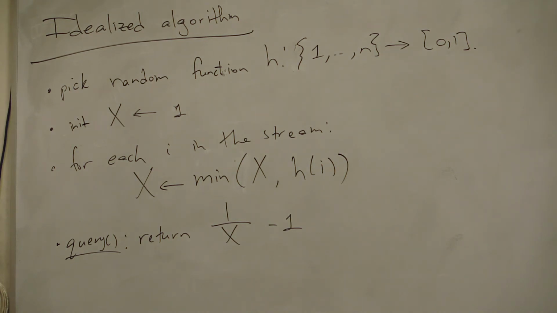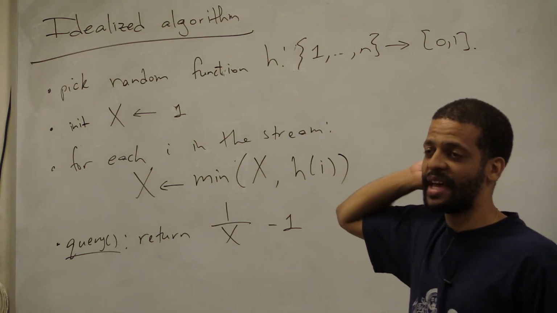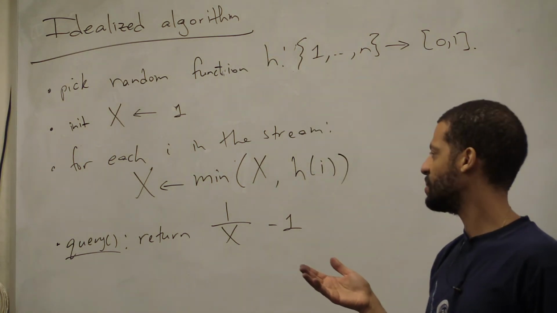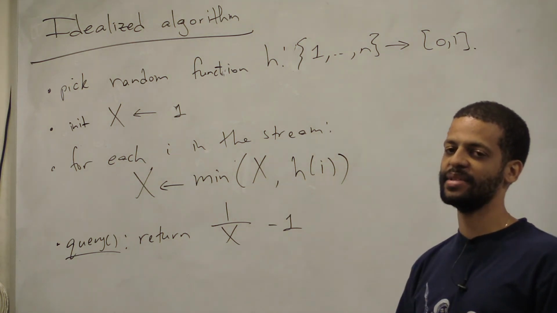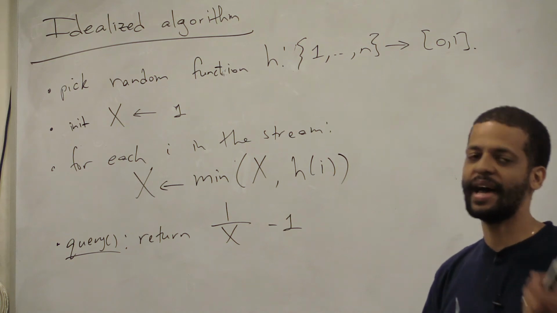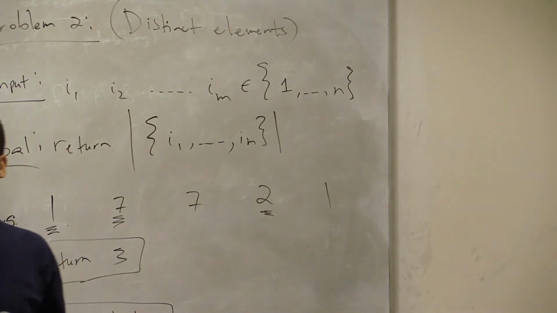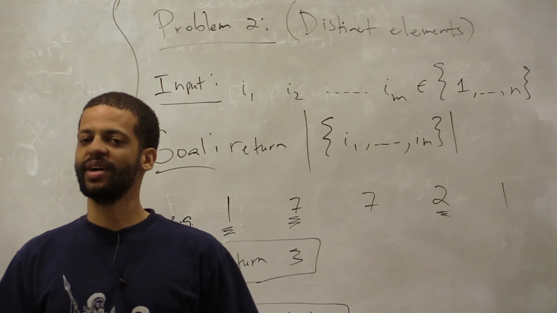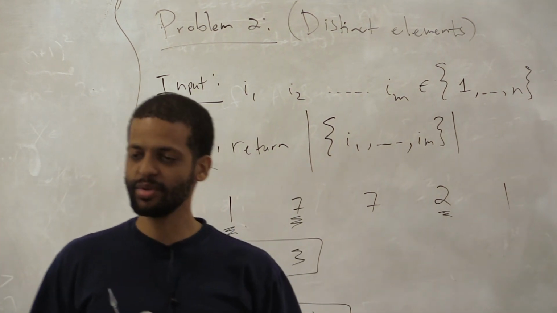Now, what are the problems with this algorithm? When I pick this random function h, I need to remember what function I picked, because later I need to keep evaluating h as I see items in the stream. If I see item 1 now and see item 1 again later, then my h of 1 had better be consistent, because there's an actual function h that I'm using throughout the algorithm.